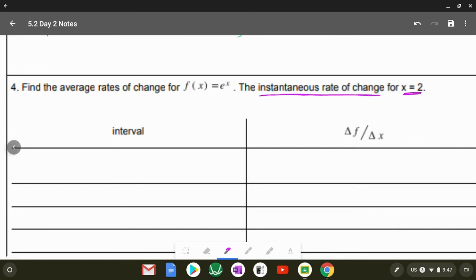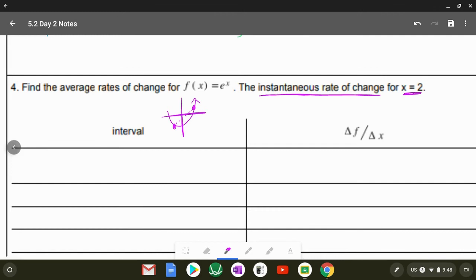Remember that the average rate of change between 2 points along a curve is how much it's changing over time. So the average rate of change between this point and this point is the slope between those 2 points, right? That's the average rate at which it changes between those 2 points.